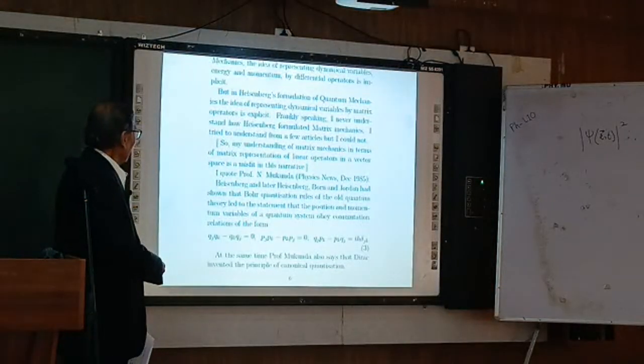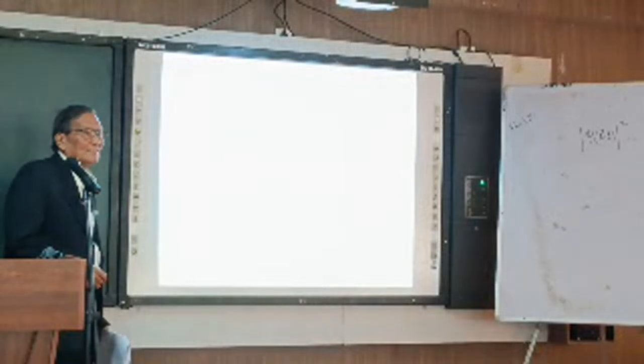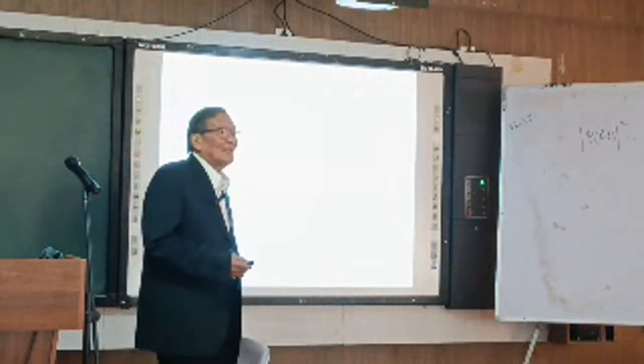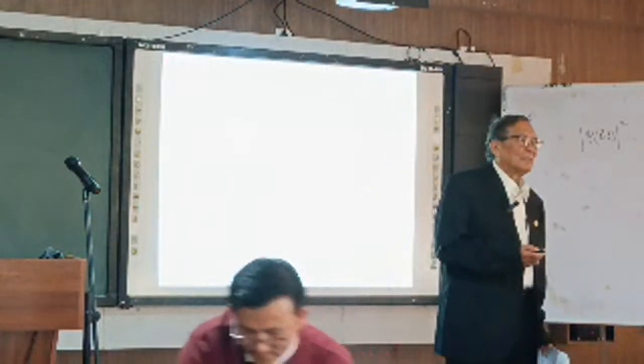In fact, Professor Mukunda also says that, coming to the formulation of quantum mechanics, we make the following observations. Heisenberg's original version of quantum mechanics brought the idea of dynamical variables becoming operators, but it did not bring in the concept of the state of motion of a quantum system. The idea of the state of a quantum system was not there in Heisenberg's formulation of matrix mechanics.